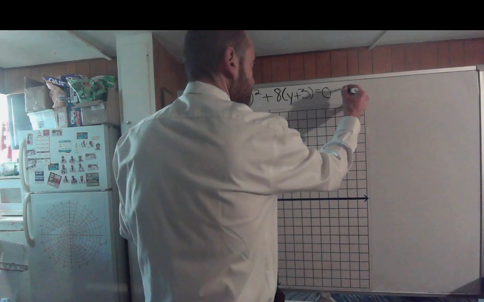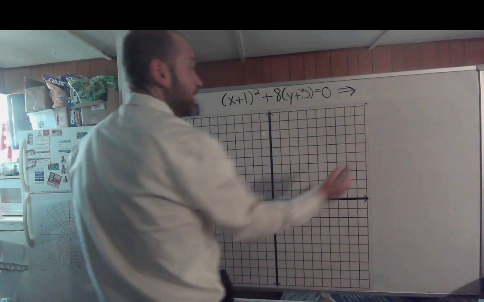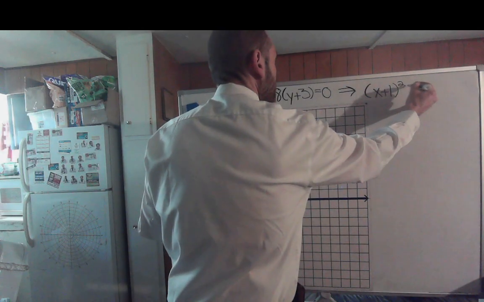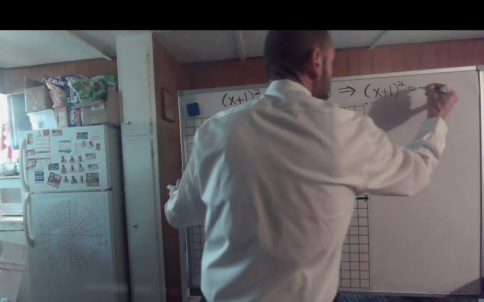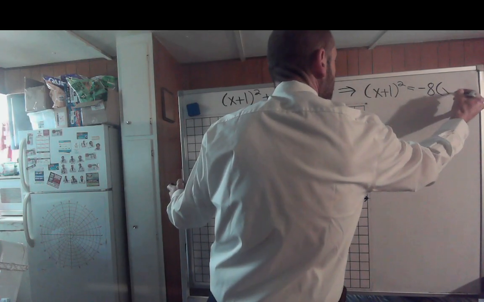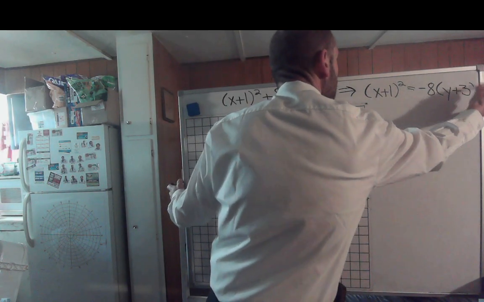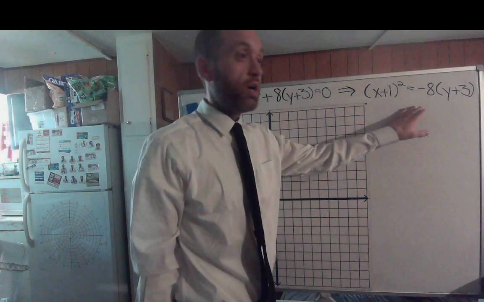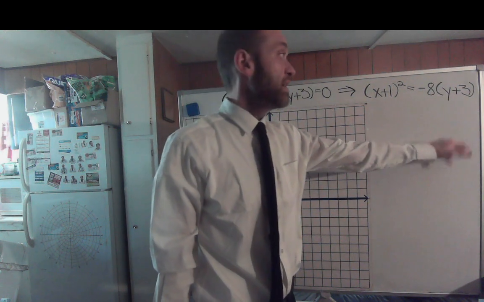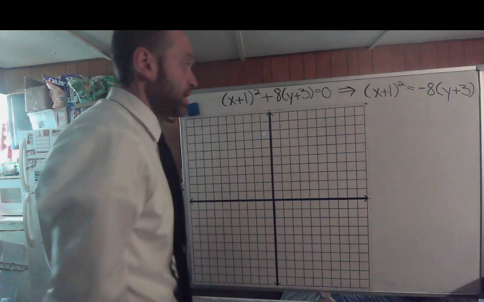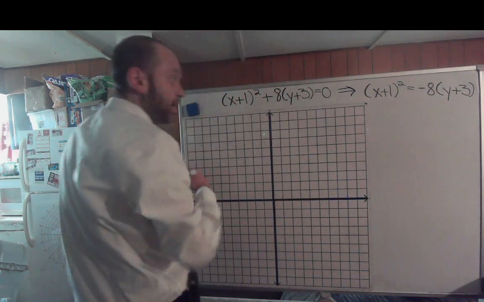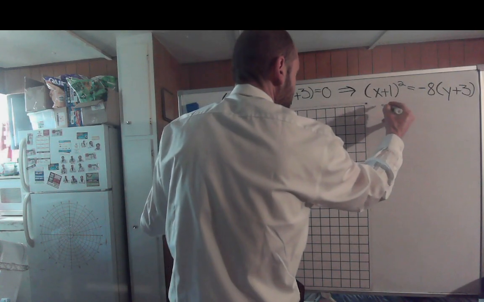This would just turn into x plus 1 quantity squared is equal to -8 times the quantity of y plus 3. Now we got this in a form we can work with. We have x plus 1 quantity squared is equal to -8 times the quantity y plus 3. And the linear variable is y. That means it's going to have y-axis symmetry.